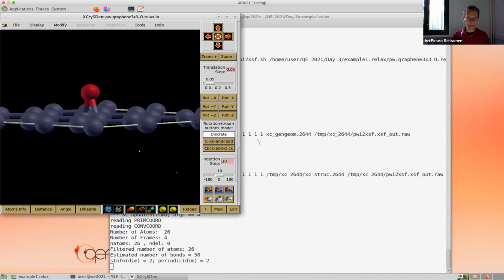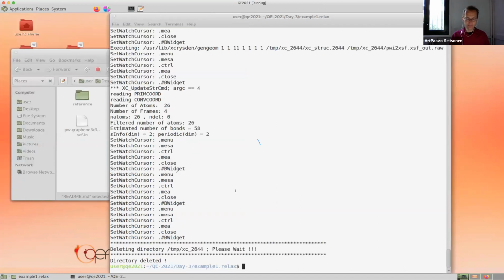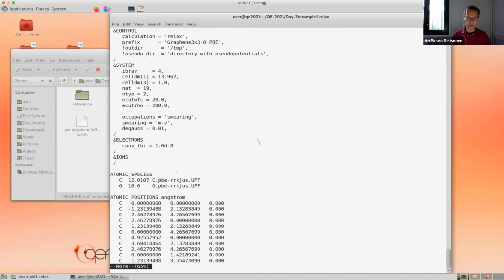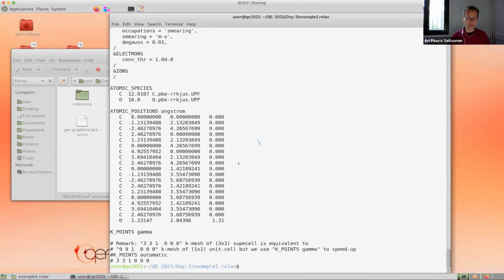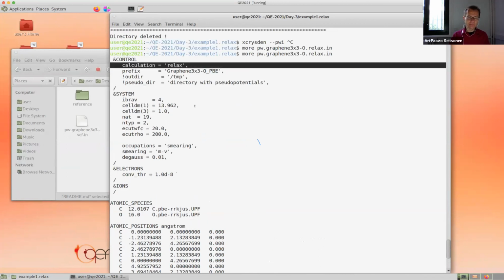Okay, this is the system. This is the coordinates, and if we have a look at how the input looks like, it looks pretty similar as before. So again, it's a relaxation calculation.